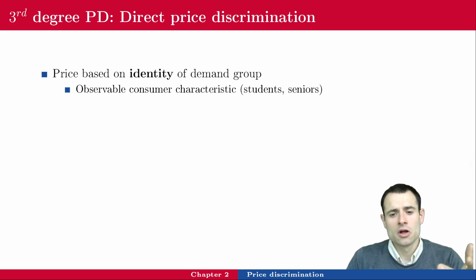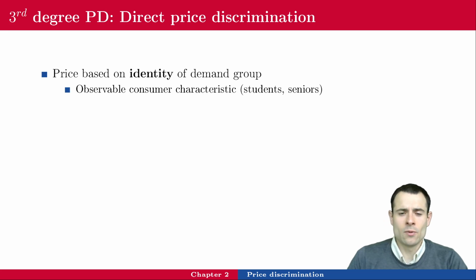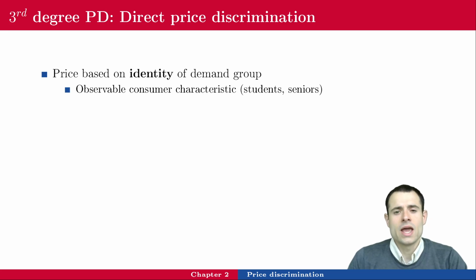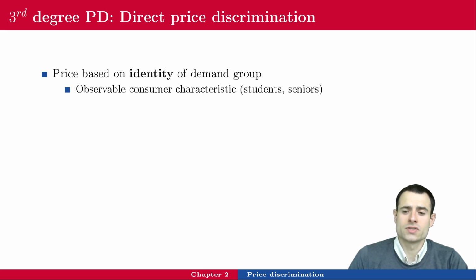For instance, the firm can distinguish the students, seniors, kids, men, women, and so on. Maybe students have a different willingness to pay than working adults. They have a different demand function. If the firm is able to tell who is a student and who is not, then it is able to impose a certain price to students versus non-students.